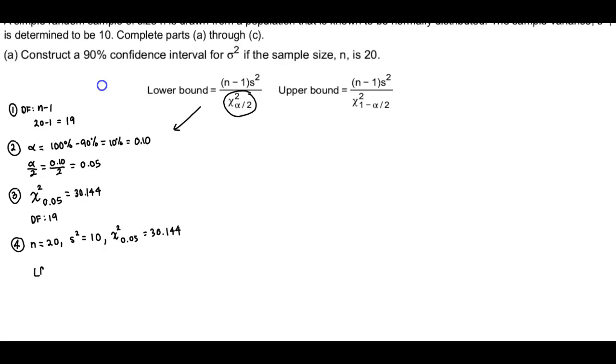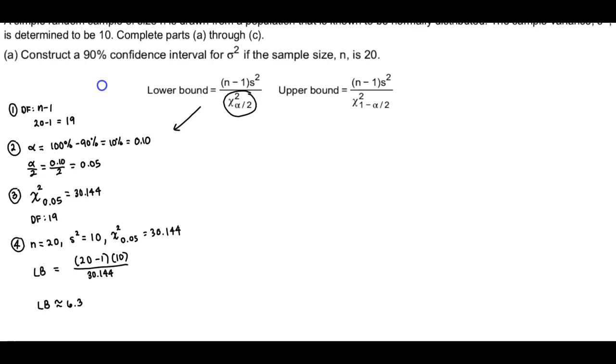The lower bound equals 20 minus 1 times 10, divided by the critical value 30.144. Therefore, our lower bound, rounded to 2 decimal places, is 6.3.